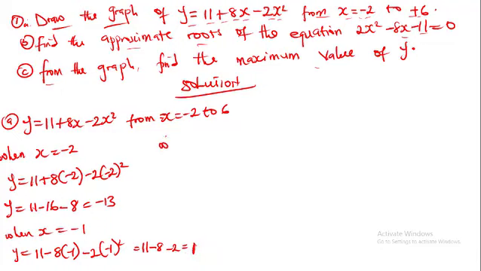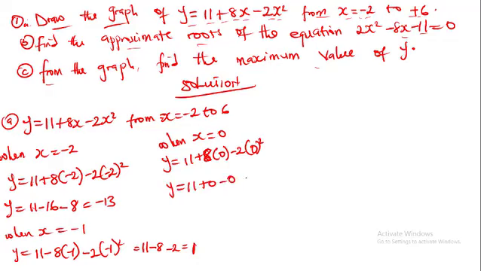Okay, when x is equal to 0, y will be equal to 11 plus 8 into 0 minus 2 into 0 squared. So y would then be equal to 11 plus 0 minus 0, which is equal to 11.